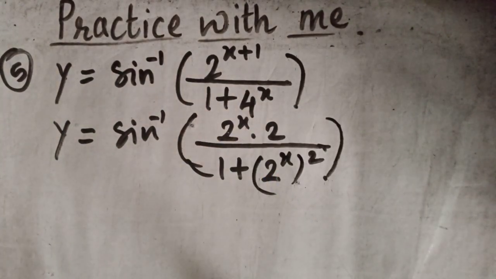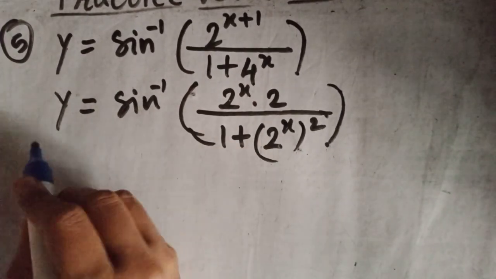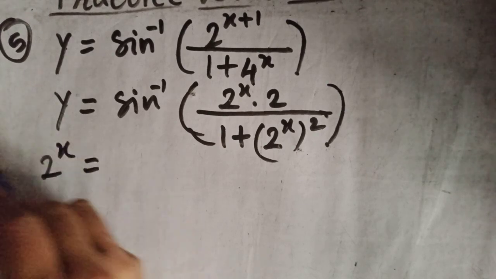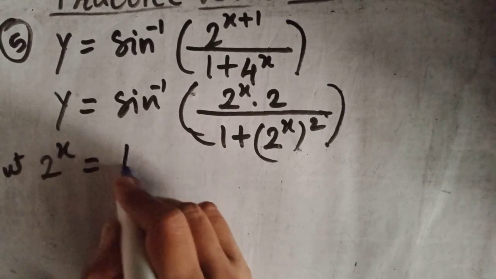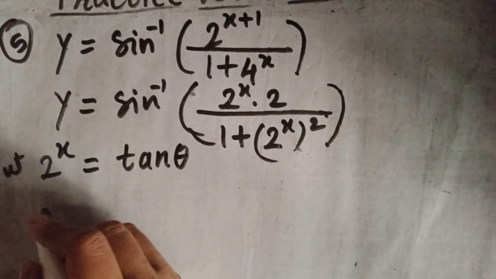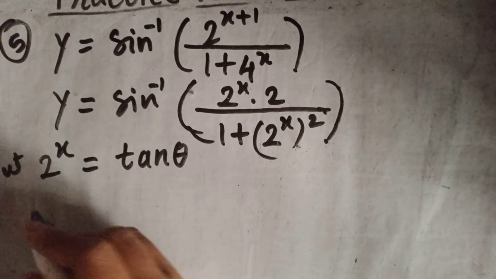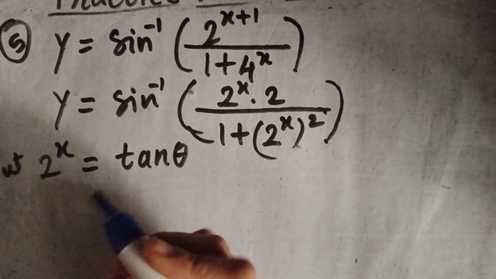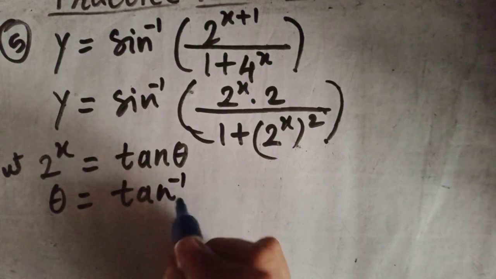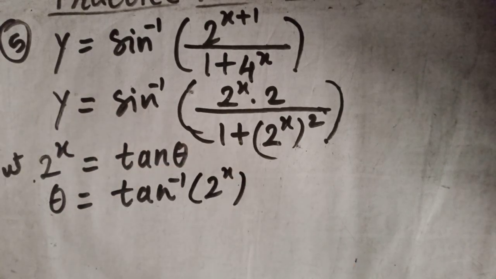Now we can make use of the sine 2 theta formula, that is in terms of tan. So we can substitute here 2 raised to x as tan theta. Okay. So theta will be what? Tan inverse of, we are taking this as 2 raised to x. Okay.